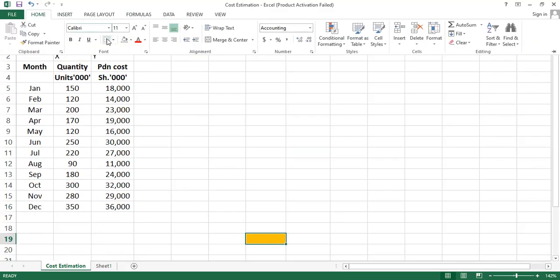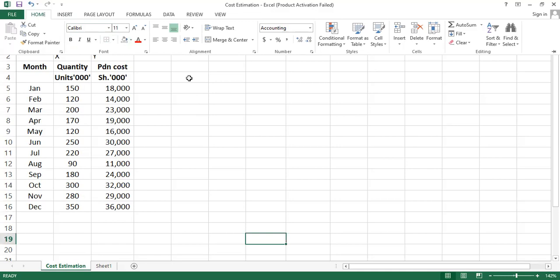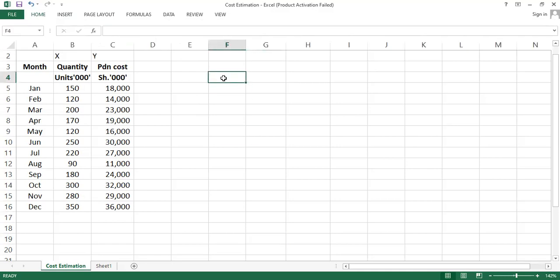Yes, somebody? The regression approach, which is now method number 2 in our discussion, regression analysis.